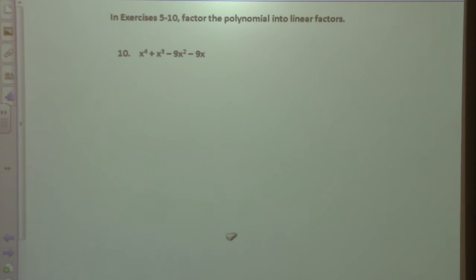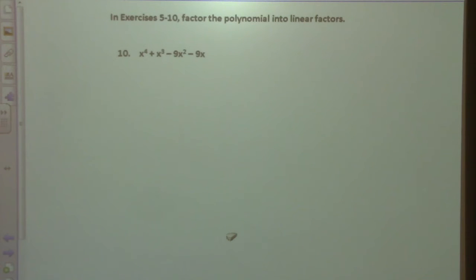Justin's shaking his head no. Robert, did you get it?